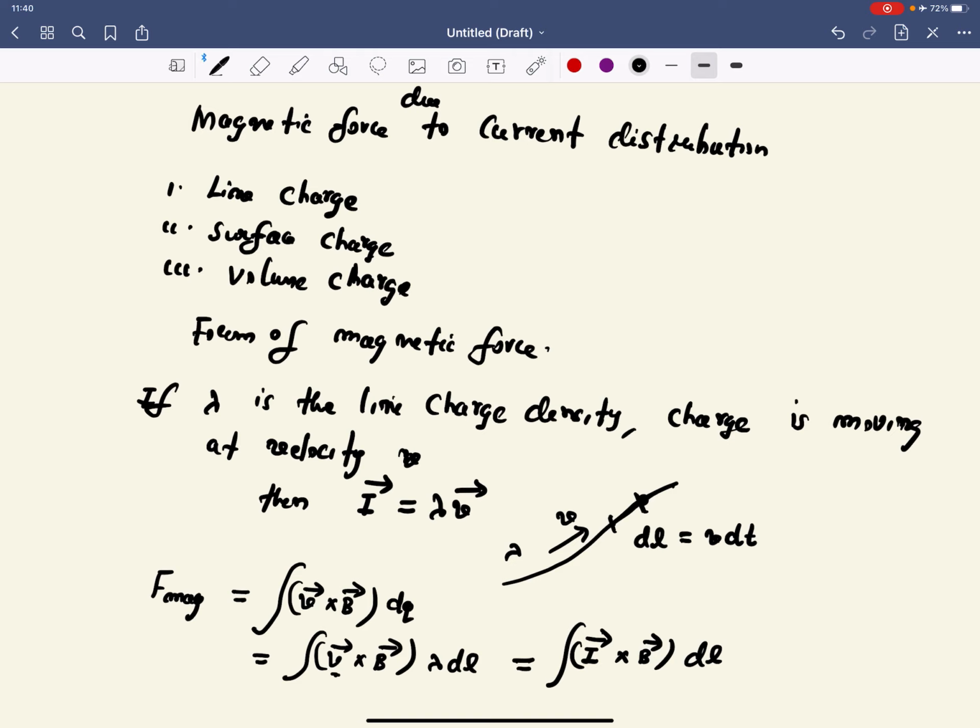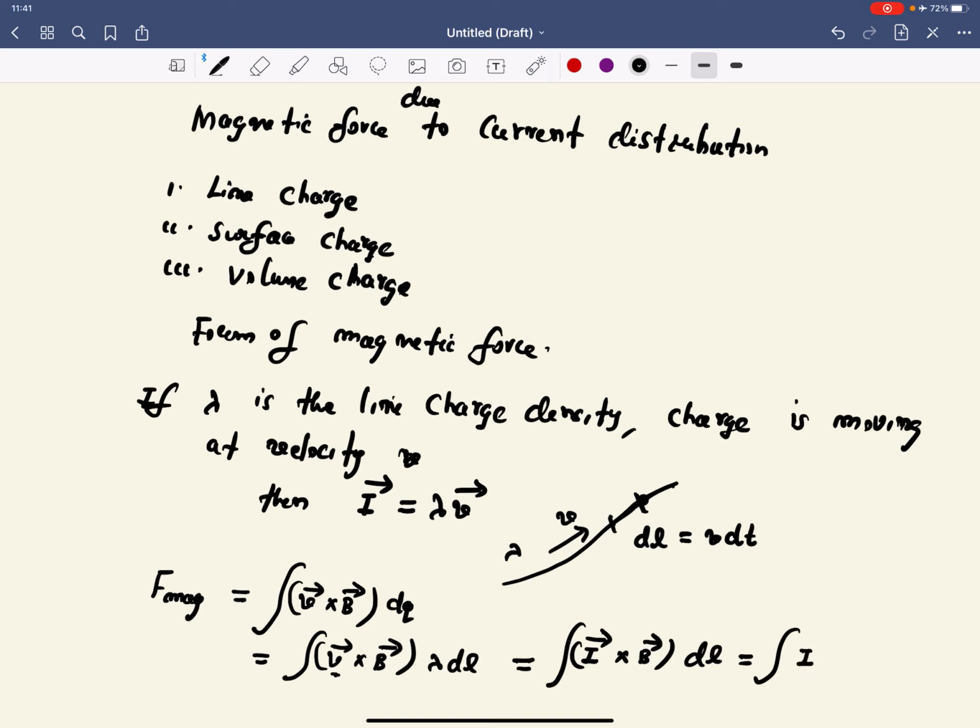Because the current direction and dl direction are the same, we can attribute this direction to one of them. Say we are talking about constant currents in terms of magnitude.